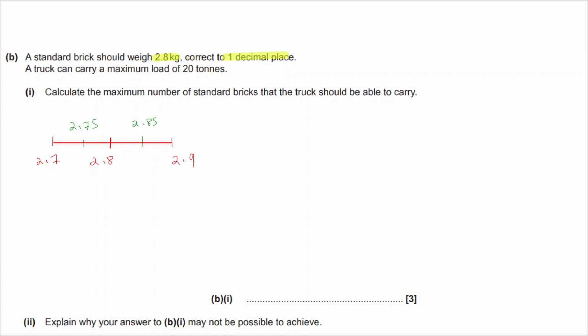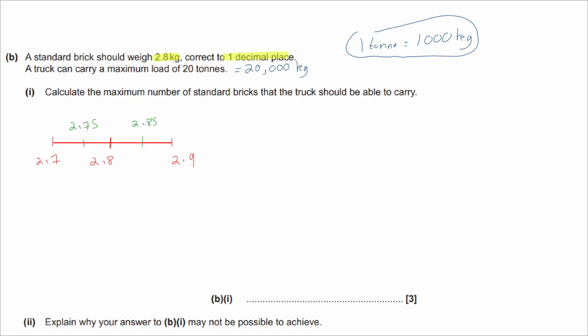Good. It's saying a truck can carry a maximum load of 20 tons. Now, you've got different units here, but we need to know that 1 ton is the same thing as 1,000 kilograms. That's important to know. Okay, so 20 tons is going to be equal to 20,000 kilograms.